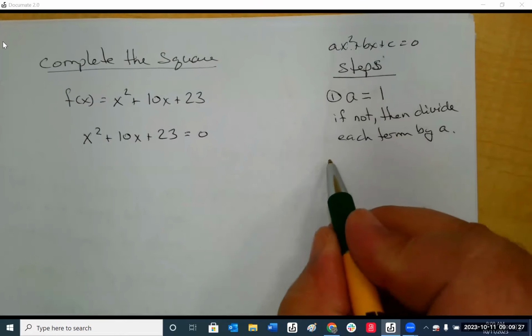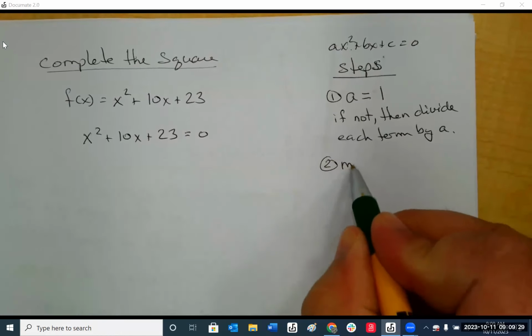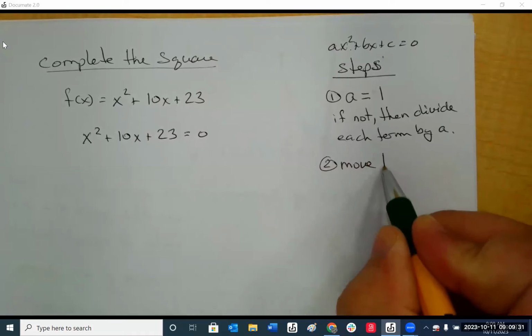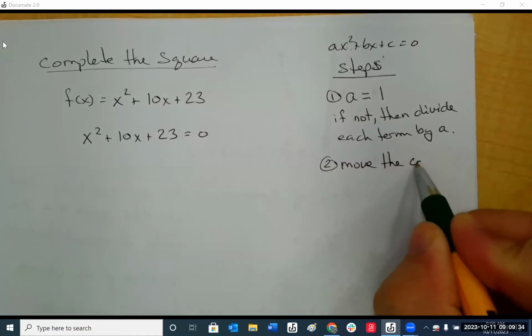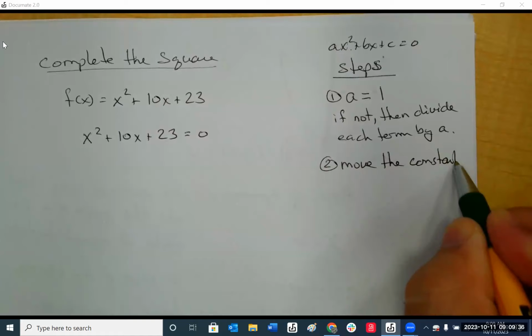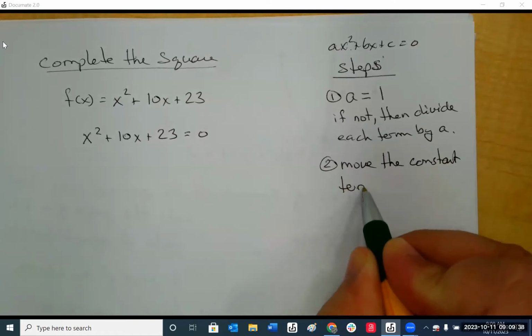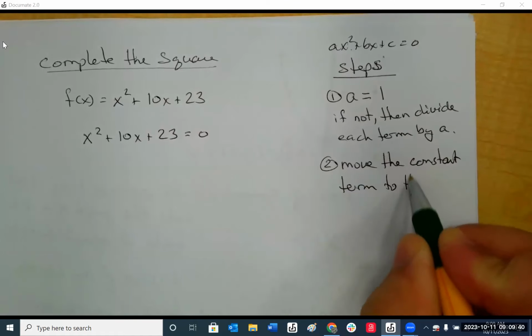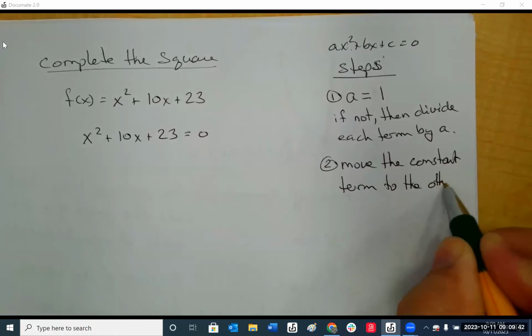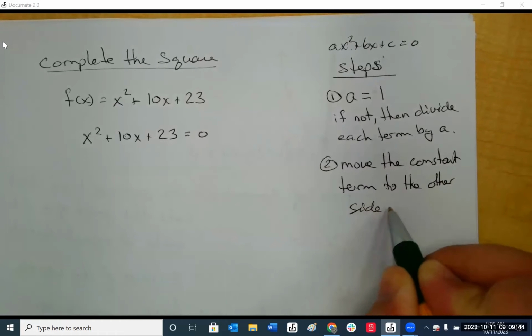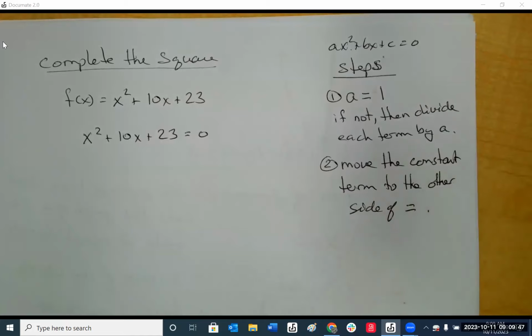Check, check. Second step. Move the constant term to the other side of the equal sign.